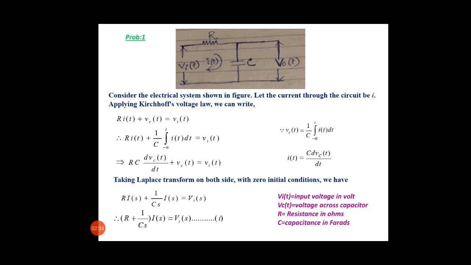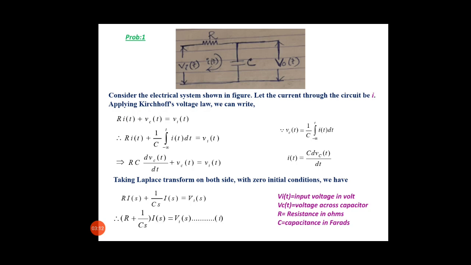Now, if I want to write the equation for input voltage Vi, this Vi is equivalent to R i(t) plus Vc(t), where R i(t) is the voltage across the resistance and Vc(t) is the voltage across the capacitance. So this is the equation of input voltage Vi.